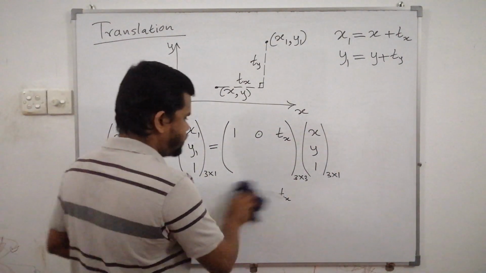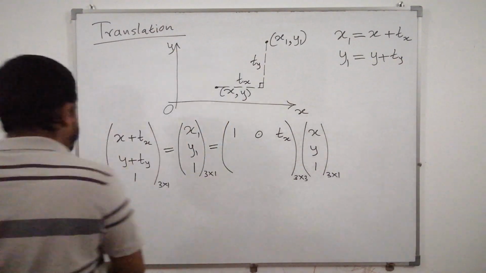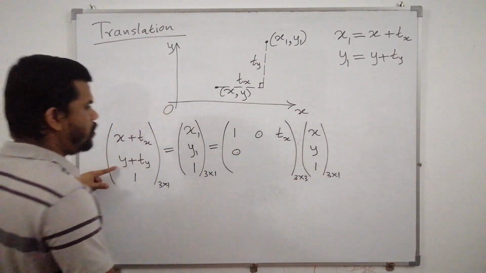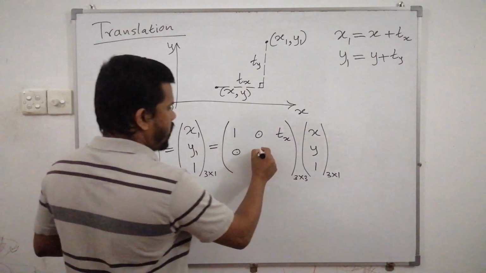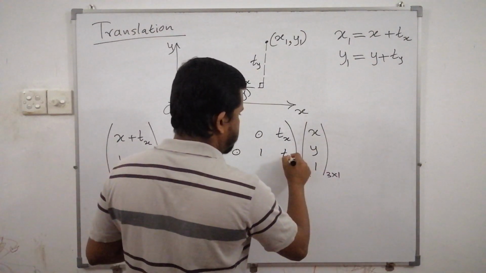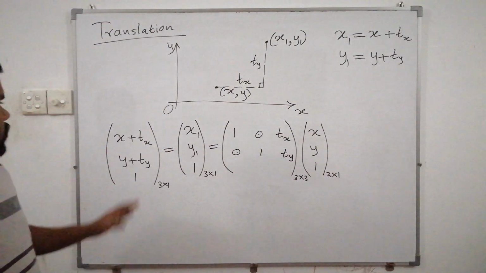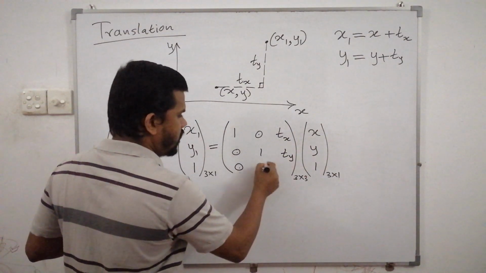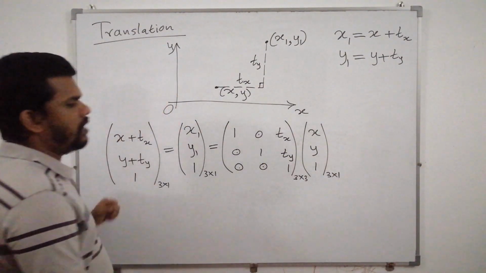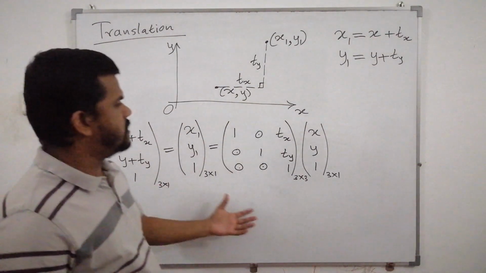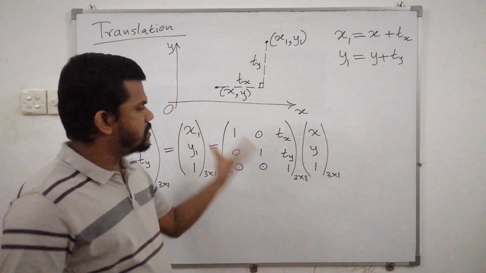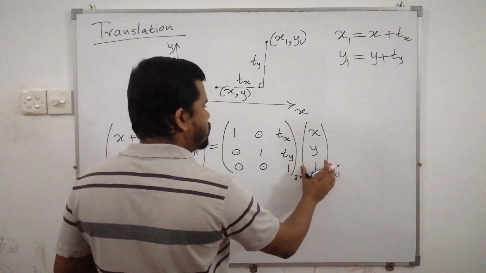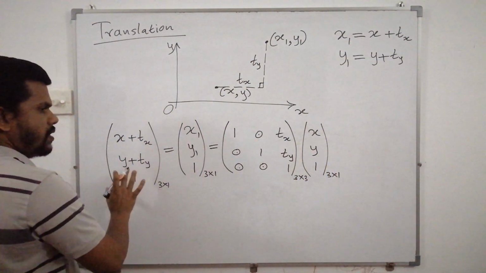So, similarly, the second term, no x terms here, therefore 0. Here 1, and here we have dy. So now we can get this. Now finally, in order to get 1, no x terms, no y terms, here we should put 1. Now this is a matrix of type 3 cross 3, and it can transform this matrix to this.